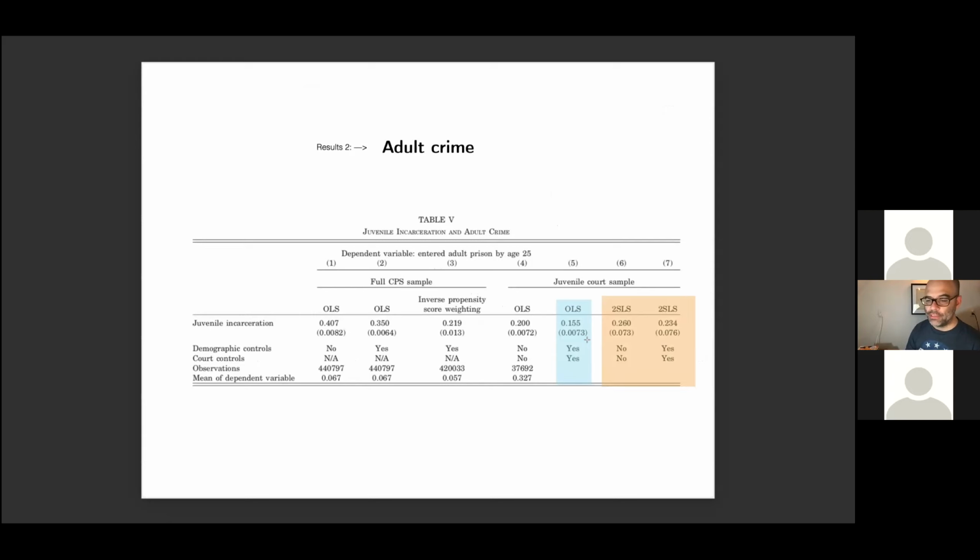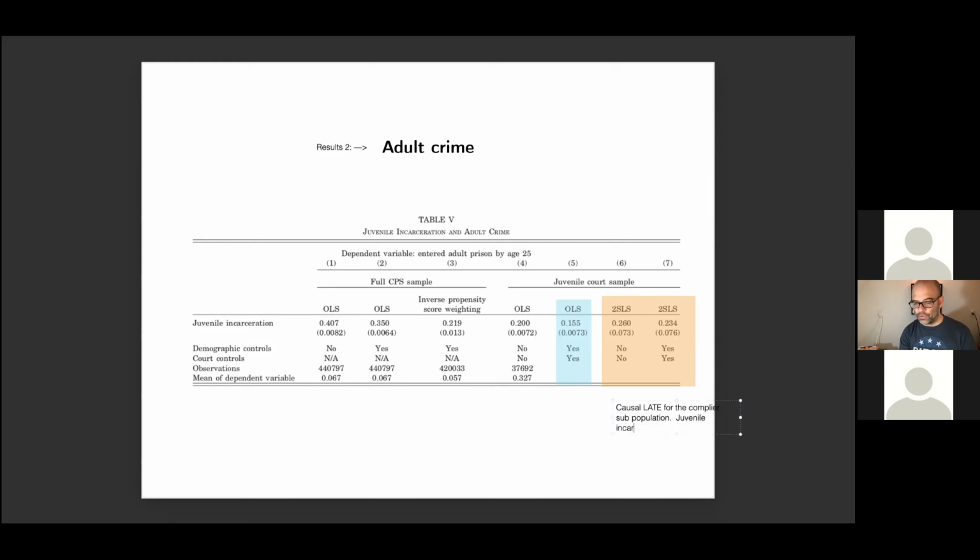OLS finds that if you are incarcerated as a kid, those people show up in prison as an adult 15.5% more often than those who were not incarcerated, using the juvenile court sample. If you are using two-stage least squares, though, it's causal LATE for the complier subpopulation.